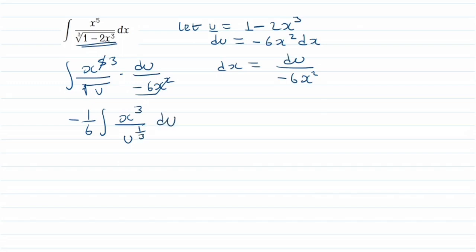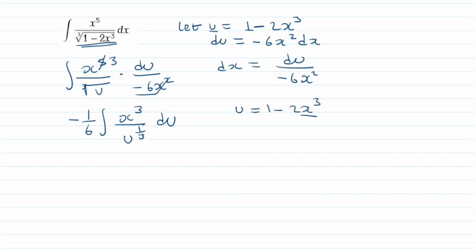We still have x in our expression, so we need to make it in form of u. So since u is equal to 1 minus 2x cubed, we're going to make this x cubed subject of the formula so that we can replace in the expression.